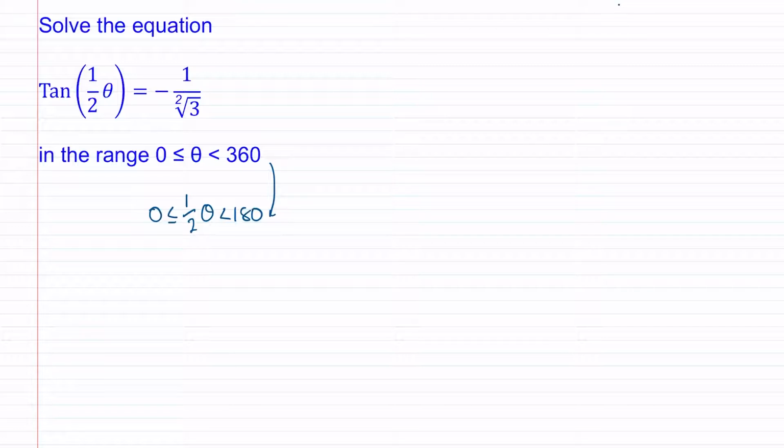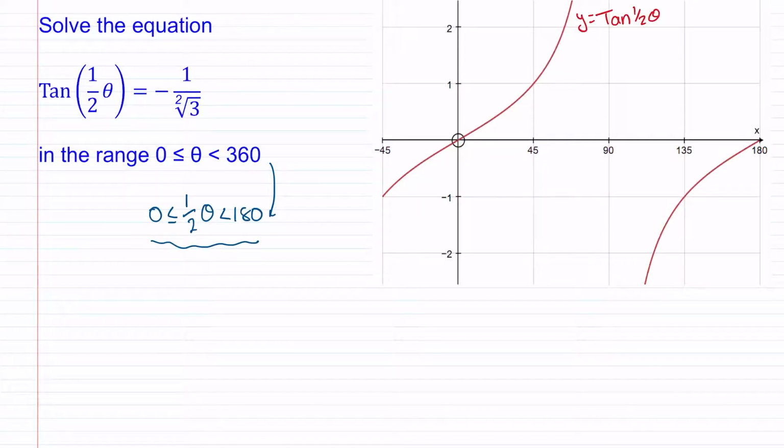So now I'm going to sketch tan of a half theta in this range. To find our first solution, well, we know tan of a half theta is minus 1 over root 3. So we'll take the arctan of both sides. These will cancel.